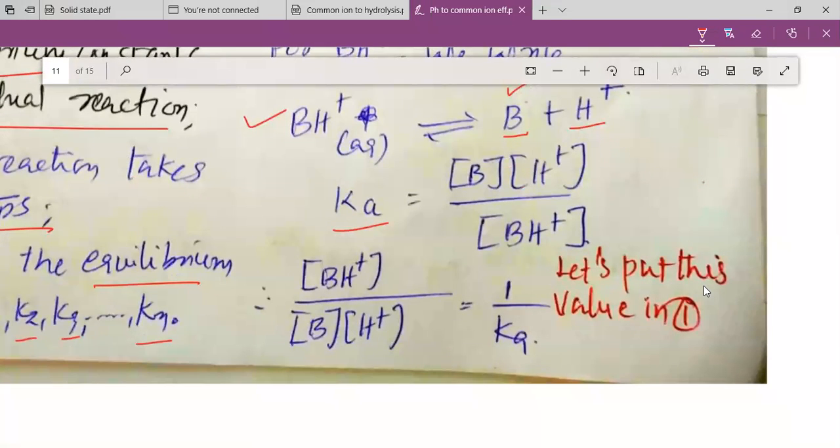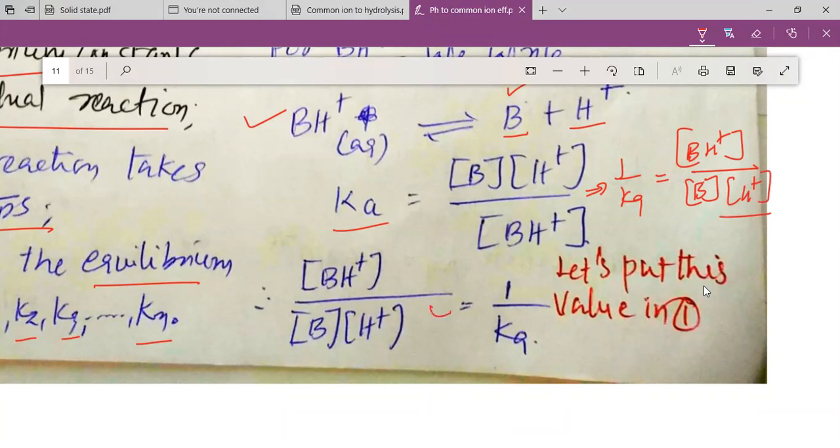Thus, my dear students, if we take the inverse, 1 upon Ka, we would write it as the concentration of BH plus divided by the concentration of B multiplied by the concentration of H plus. So for this value we can write 1 upon Ka.